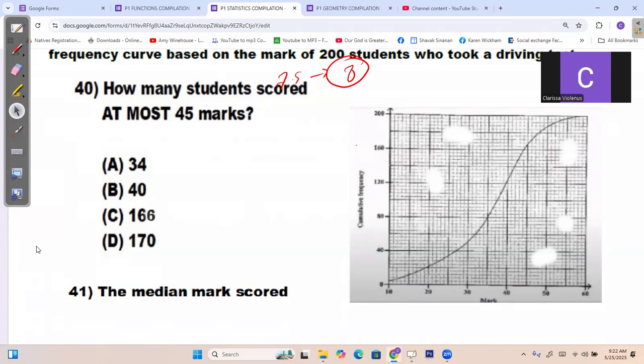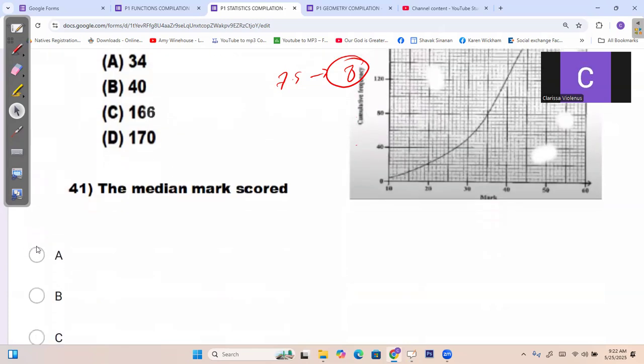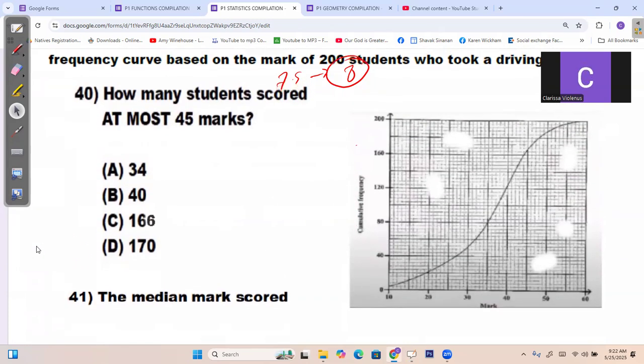The only thing close to 160 here, because if this is 160 and this is 200, that's 40. That means this is 20. So yeah, I would say 166, which would be C, the median mark score.